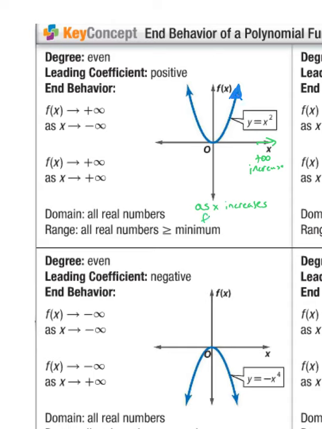So the blue line, f of x, increases. As x increases, f of x increases. What about the left part of this function? How about as x decreases? The function's going up. That arrow goes up. So the function increases.